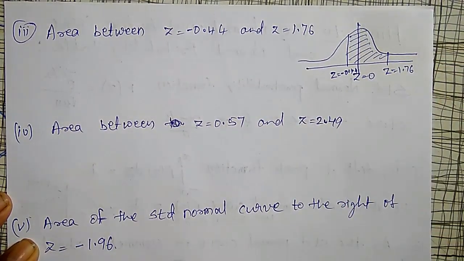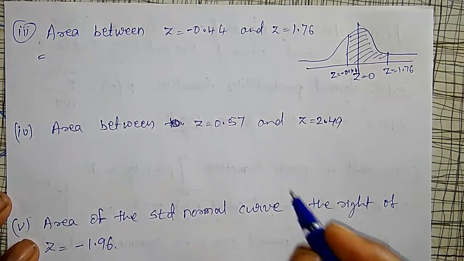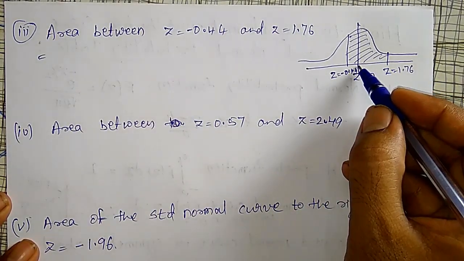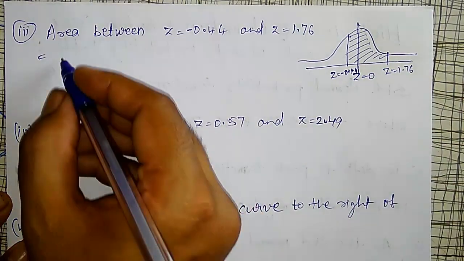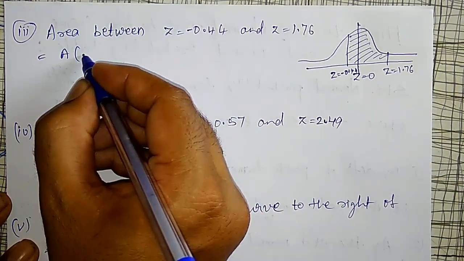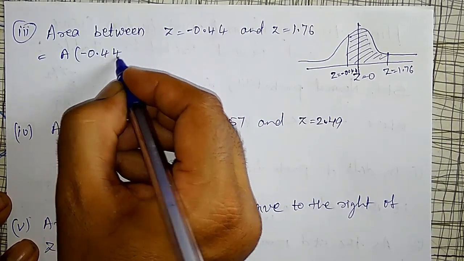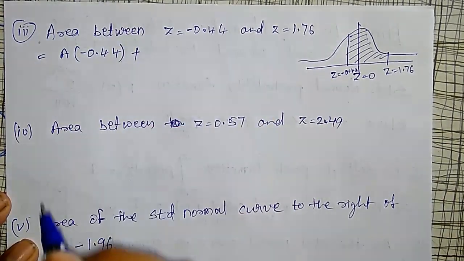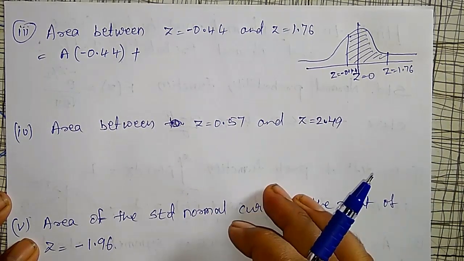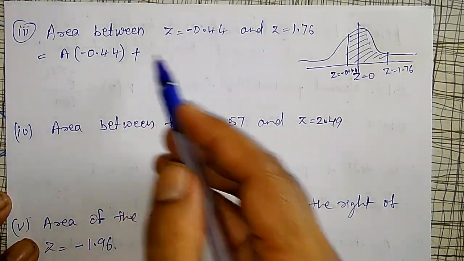To find out this area, first I will calculate z equal to 0 to z equal to 0.44. That I will represent as z equal to minus 0.44, or 0.44 only, because on both sides it will remain the same, plus this area.